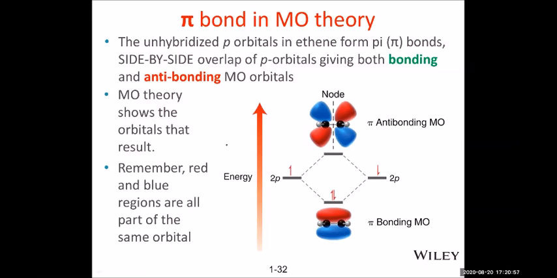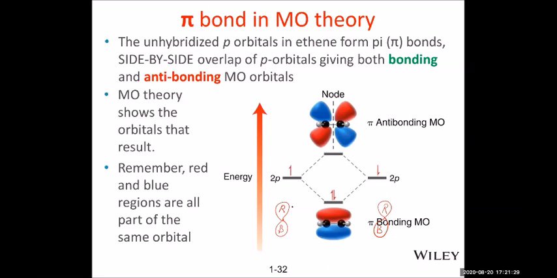Okay, so for this, when you have the p orbitals, this is a p orbital from one carbon. This is a p orbital from the other carbon. And this is red and this is blue, and red and blue. Above the atom, both have the red, which is positive.